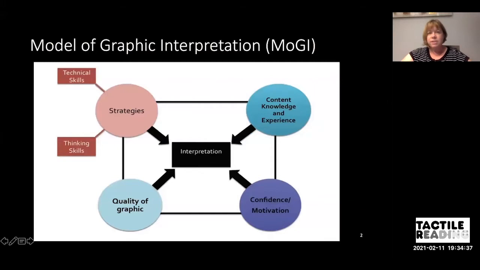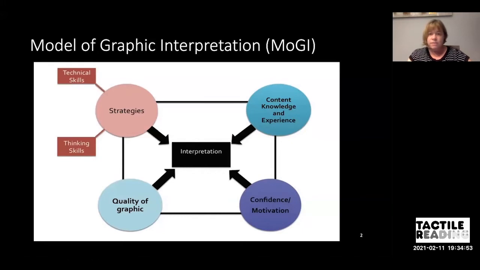We wanted to begin our session by sharing with you the model of graphic interpretation that came out initially from survey research done with teachers and students, and is being further validated with the studies that we're sharing with you today.